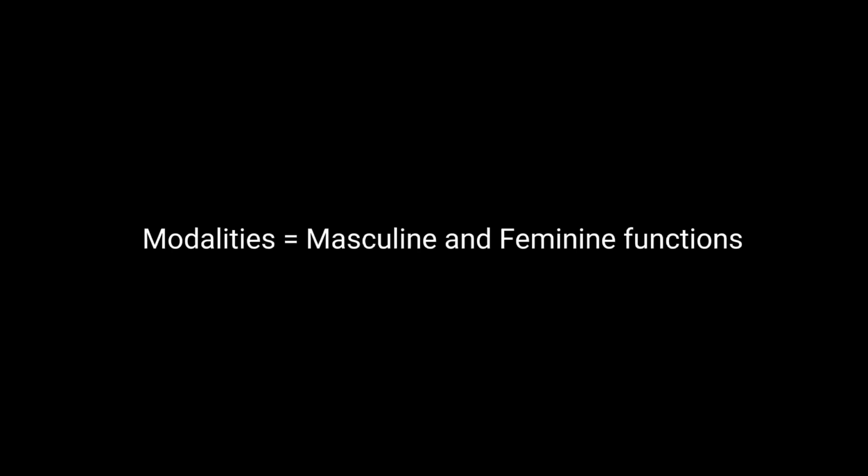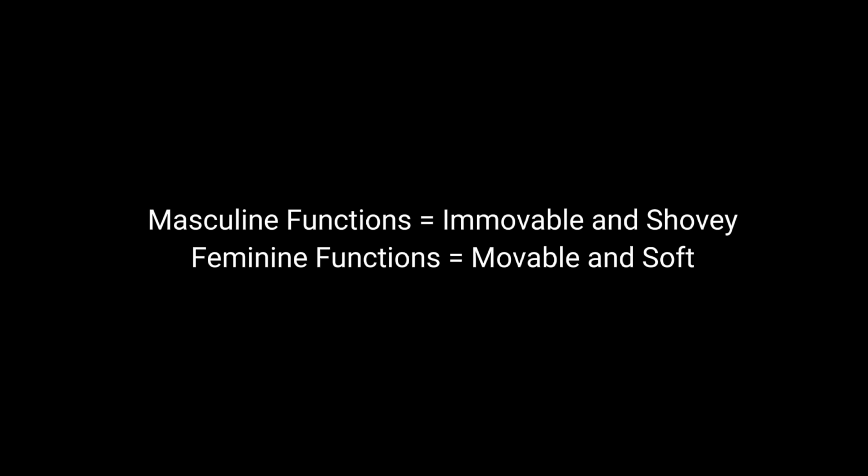What that means is you'll have an easier time seeing and accessing your fourth function than other types. The last element of objective personality is masculine and feminine functions. Masculine functions push and shove, feminine functions are movable or adaptable. If you have masculine feeling, you'll have feminine thinking, and vice versa.